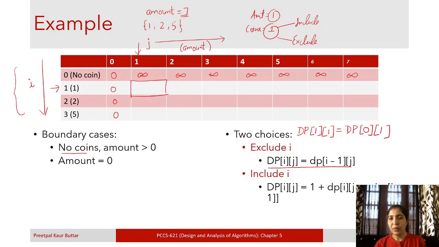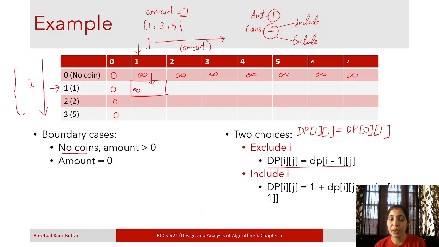Okay, so it means you are excluding this 1 rupee coin, so the number of coins you need to make an amount equal to 1 will be same as the number of coins you needed in the previous step, that is when you had a 0 coin. Okay, so when you had a 0 coin, you needed infinite supply of coins to make an amount 1.